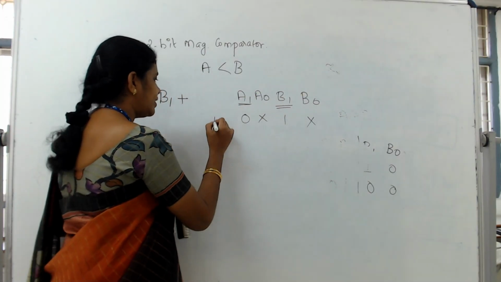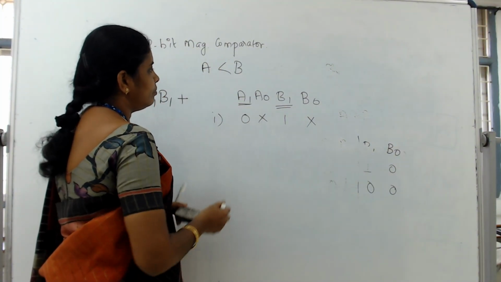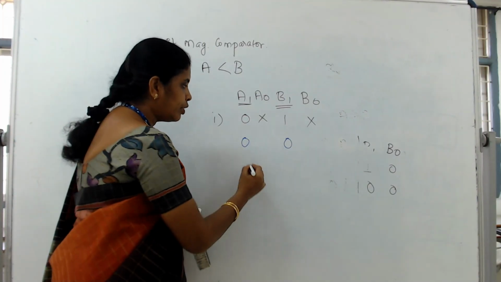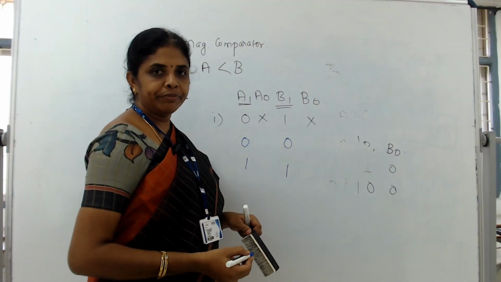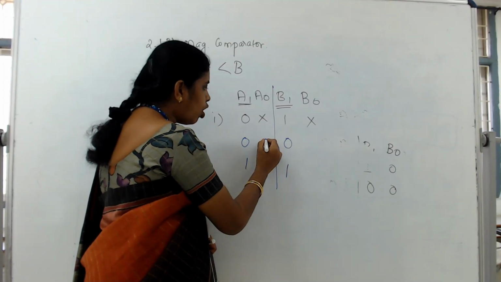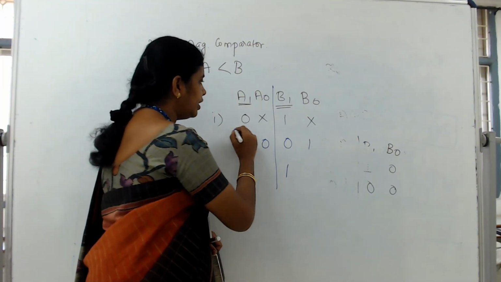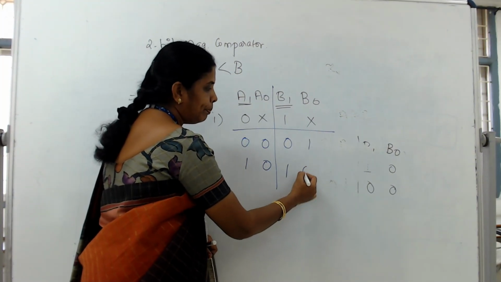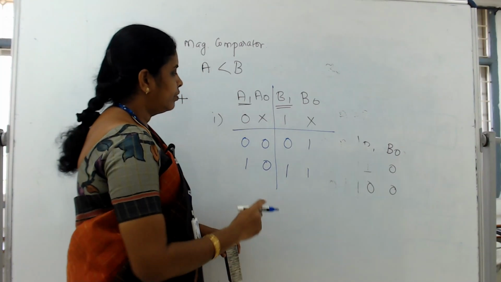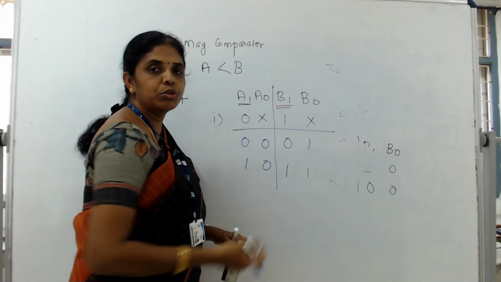Now the second case. If both the bits are equal, it may be either logic 0 or logic 1. So if both the MSB bits are equal, and A0 is 0 and B0 is 1, similarly, second condition, A0 is 0, B0 is 1. So 0, 0 is less than 0, 1. Similarly, 1, 0 is also less than 1, 1.